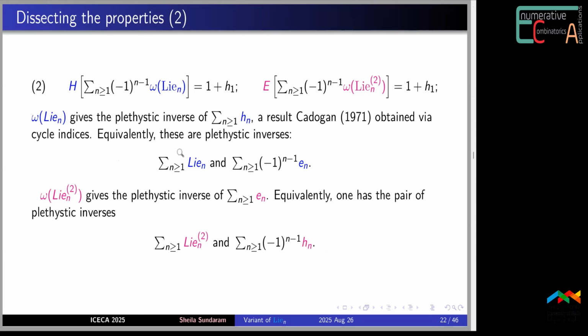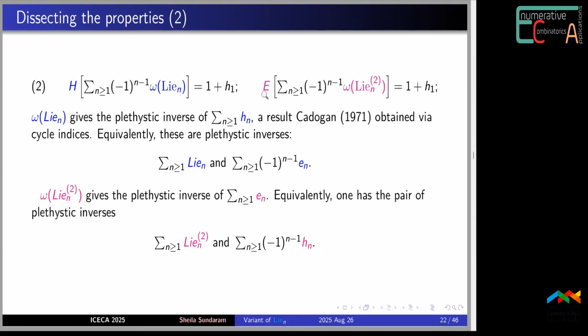And the friendlier way is simply to say that these two series, the series of Lie_n and the alternating series of E_n's, are plethystic inverses. They're completely equivalent. Okay, so what does Lie superscript 2 say?